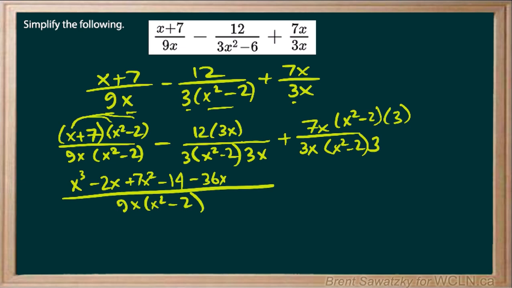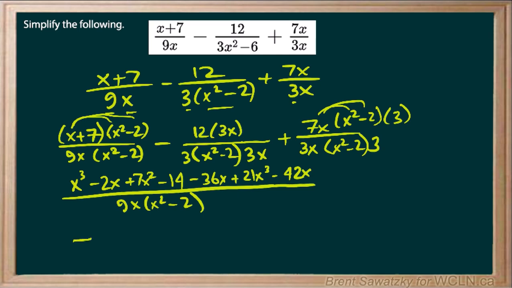And then over here, we can multiply this. 3 times 7 is 21x, and then multiply that into each of these. So we'd have plus 21x to the 3, a little bit further. And 21x times minus 2 is minus 42x. All right, so quite a bit on top there.